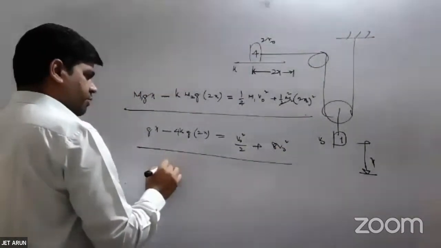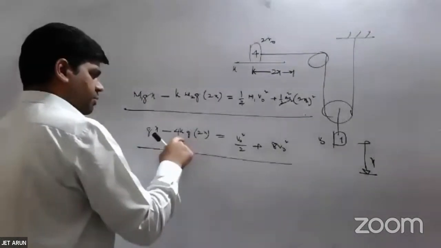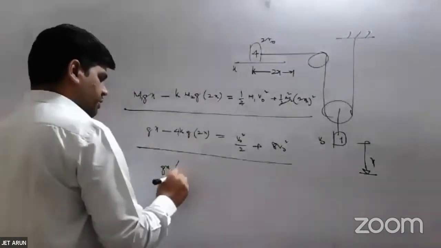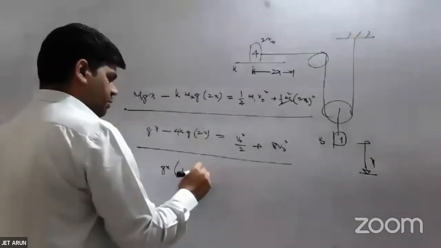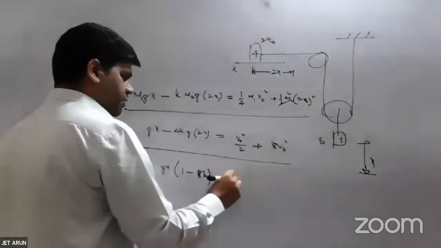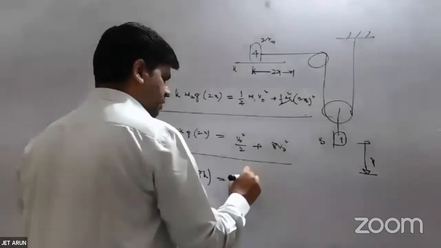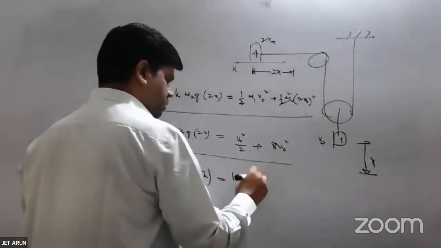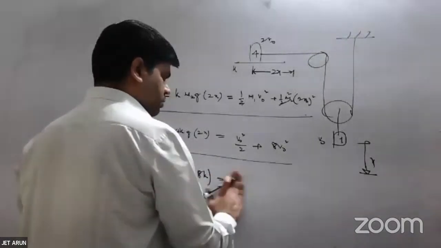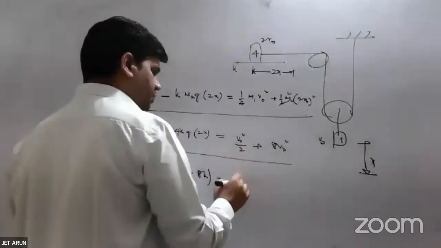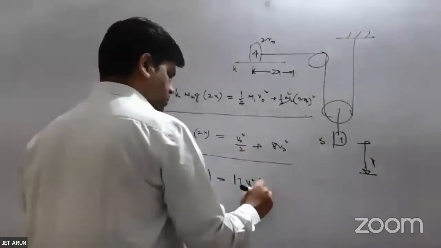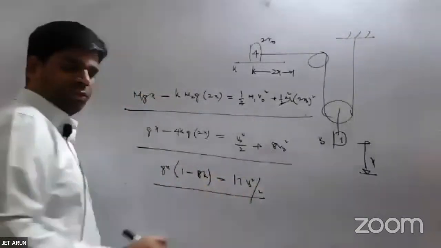So I'll have this as 8gx. So gx into 1 minus 8 mu is equal to, sorry, 17 v0 square by 2. I've got everything except mu.